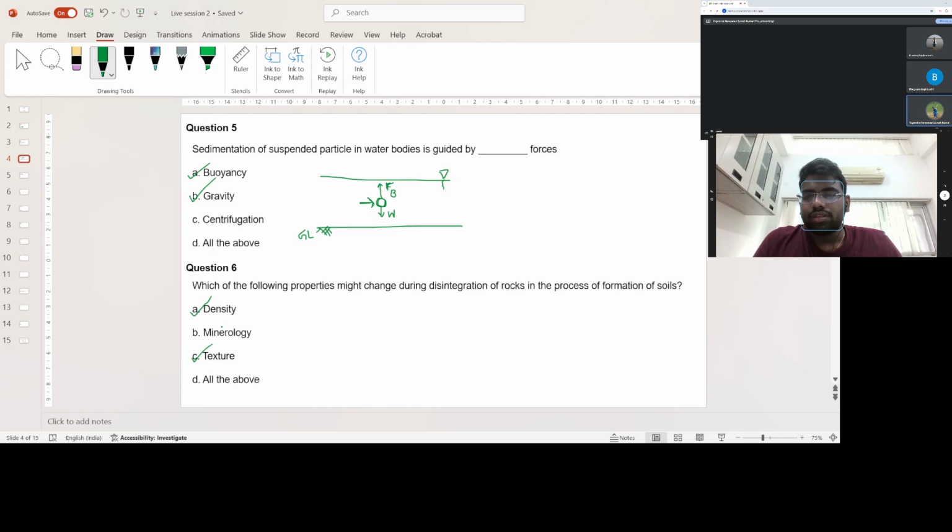If you take residual and transported soils, and among the transported soils the several transporting agents, the texture of the soils will vary among the transporting agents themselves.